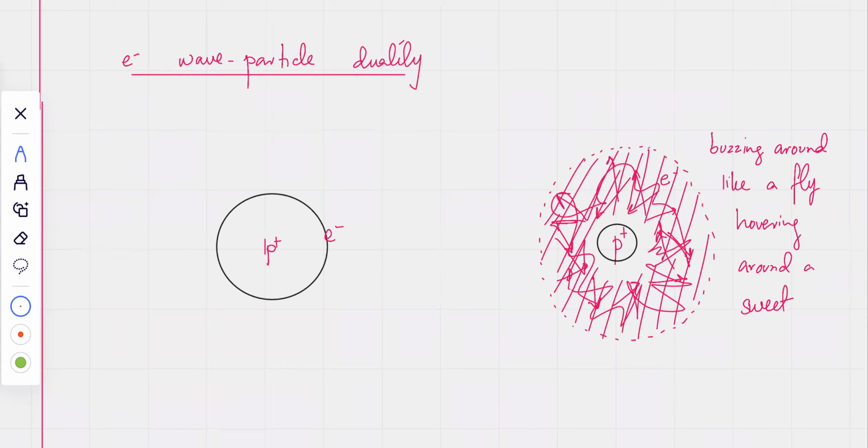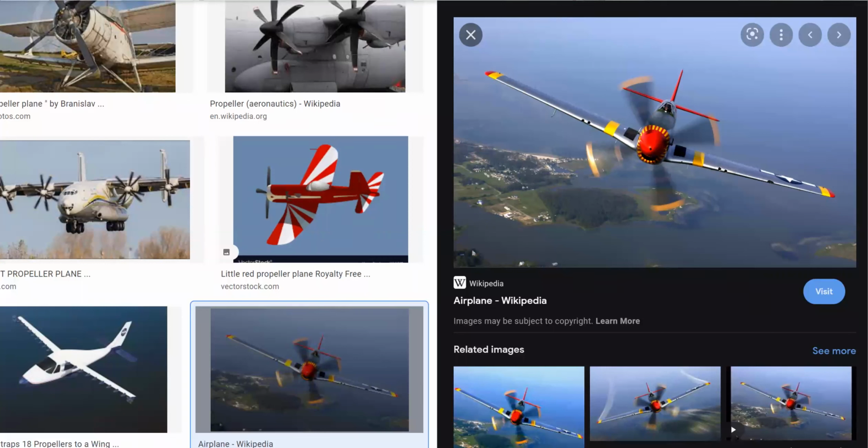And I'll show you, just for clarity, the image. It shows that if something moves very quickly, you stop seeing the blades eventually.